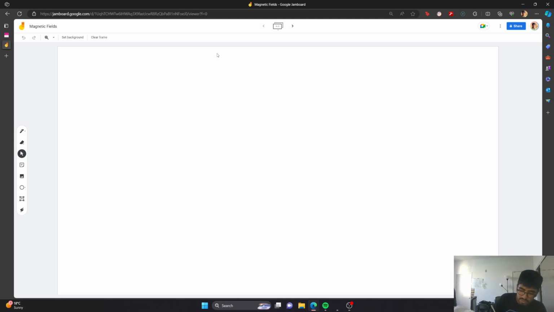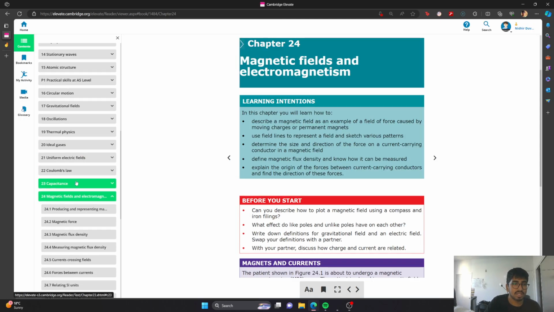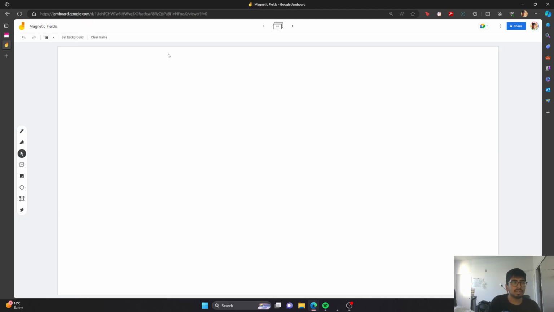So we are starting with a new topic called magnetism, right? So till now, what we had seen, if you remember, we had seen uniform electric fields, Coulomb's law, and capacitance. So all of that was about charges, right? So we had a plus charge, and we were talking about what the effect is on another at this point, right? And what is the force that it experiences here, or what is the field that it has here?